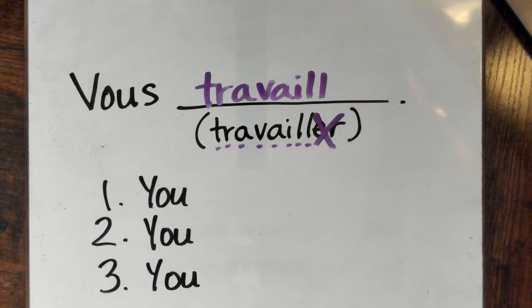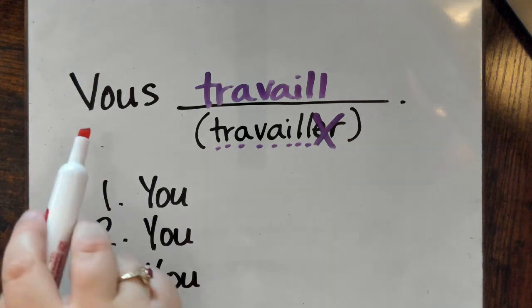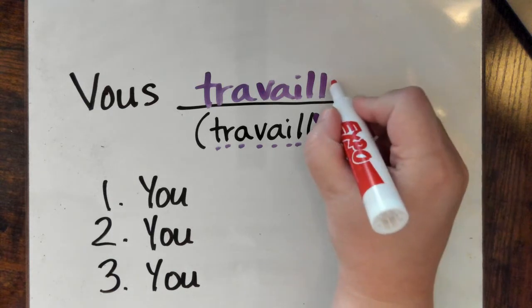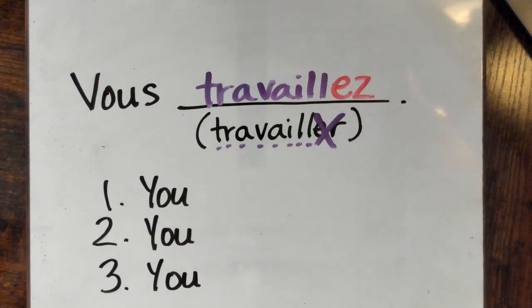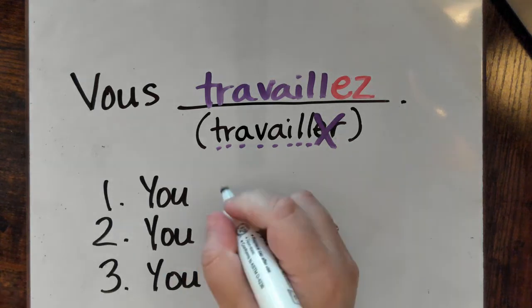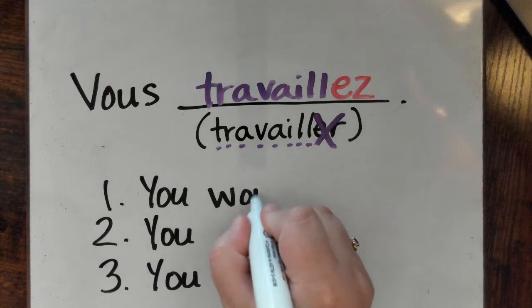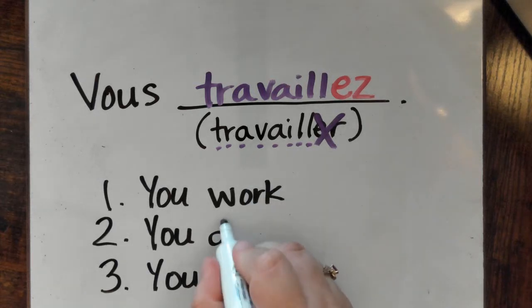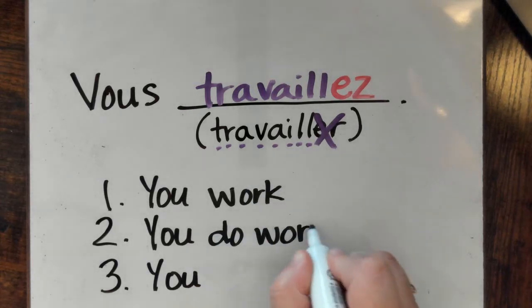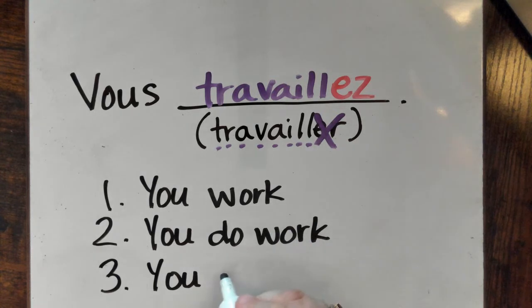And then you add the ending. The ending should go with vous. The vous ending is ez. Vous travaillez. And what are we saying? You work. You do work. And you are working.